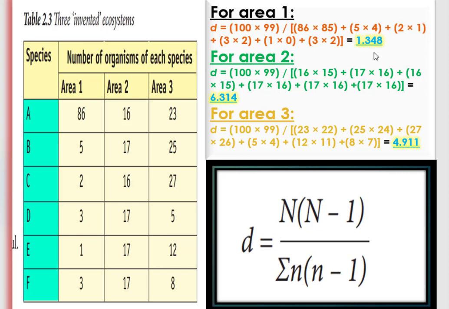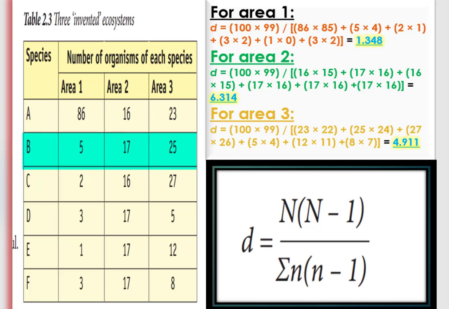As you can see from the table, species A has 86 individual members at ecosystem 1, 16 individual members at ecosystem 2, and 23 individual members at ecosystem 3.